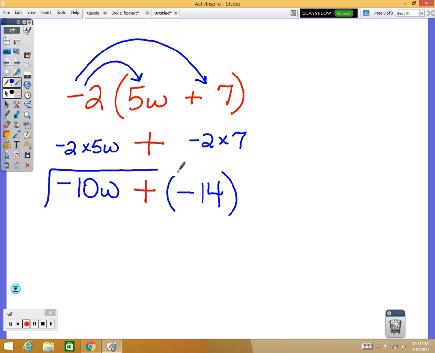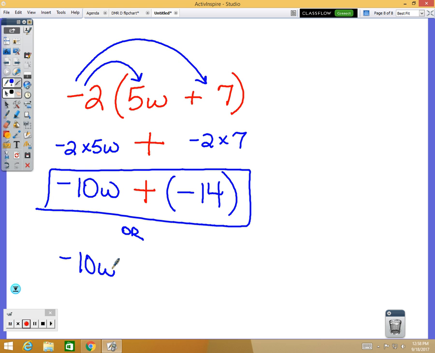Now, if you choose, you could simplify this even more. Knowing that a positive and a negative make a negative, you could write it like that. But I will accept the first answer. If that second step made you really confused, then just write it the first way. Because there's two signs next to each other, and we talked about simplifying where the signs are different, it becomes a negative. That's why.